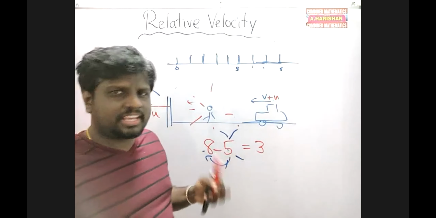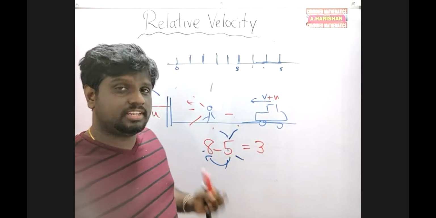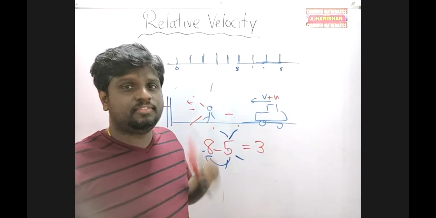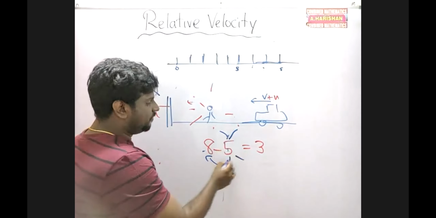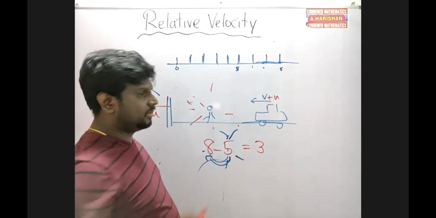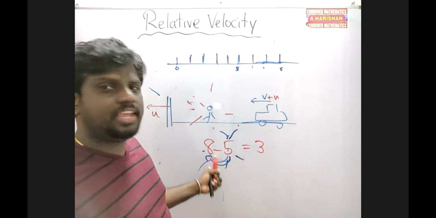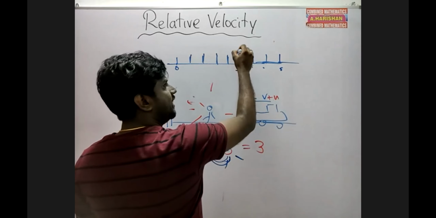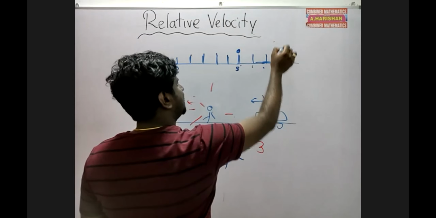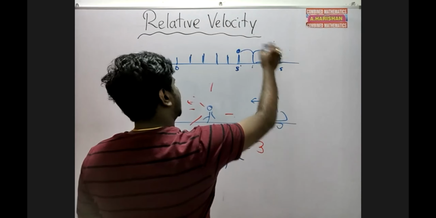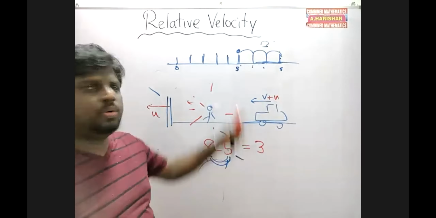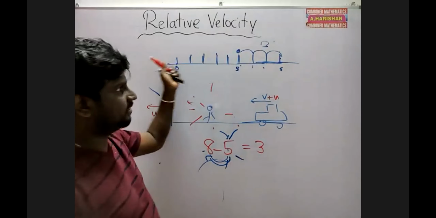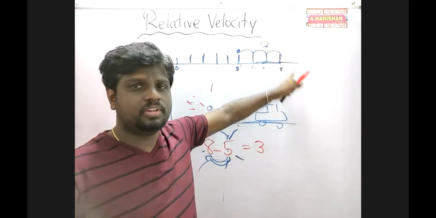Subtraction means making the subtracted value a frame. According to the 5 frame, what is the position of 8? See, if you are here, this is 5. But if you are here, you won't say this is 8. You say 1, 2, 3. You say 3. According to this person, this pole is not 8, this pole is 3.